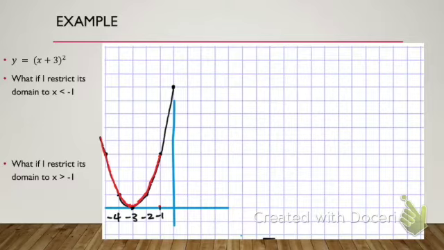Does that make it invertible? No, because the problem of not being one-to-one still exists. So this function is still not invertible.